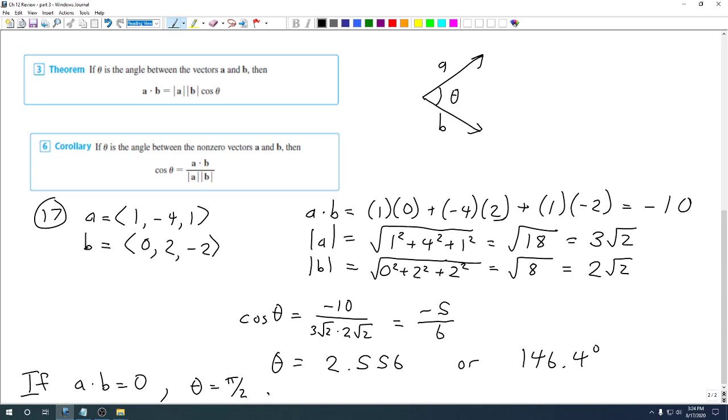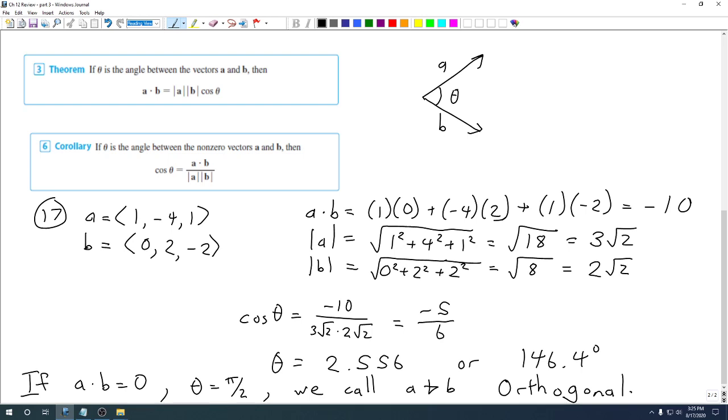But we call this, so we call a and b orthogonal. Because for some reason we have to have a special term for perpendicular when it comes to vectors. But orthogonal is pretty frequently used in the realm of vectors instead of the word perpendicular.